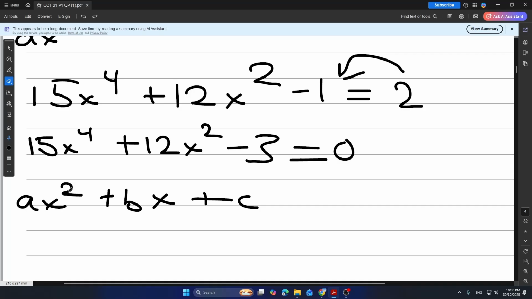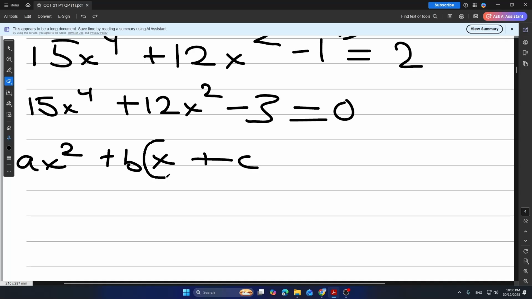But the whole concept of a quadratic equation is that we need to pay attention to these two terms, this and this. Technically speaking, if this term is this term squared, then it is a quadratic equation. What do I mean?